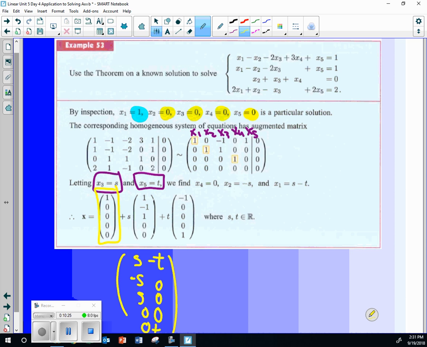That was the solution. So this right here is my particular solution that we had. This is the basis without it. And then that's going to get me my basis of solutions, where s and t are elements of the real numbers.